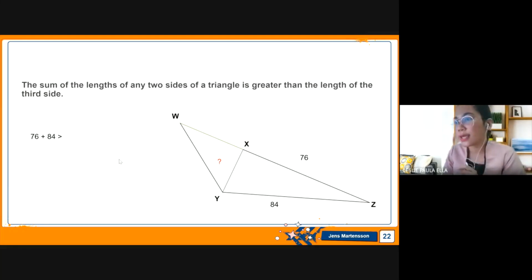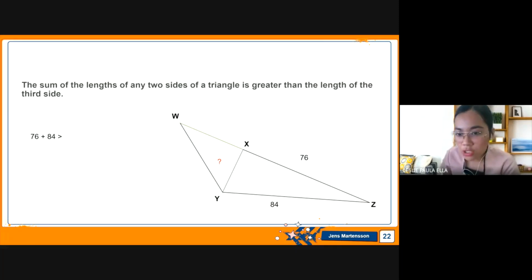What do you think is included in here? What is the length of the side? Type your answer. What do you think is the value of line XY?